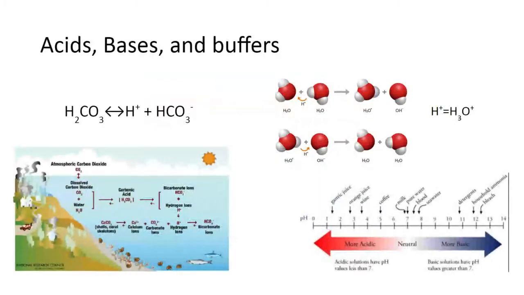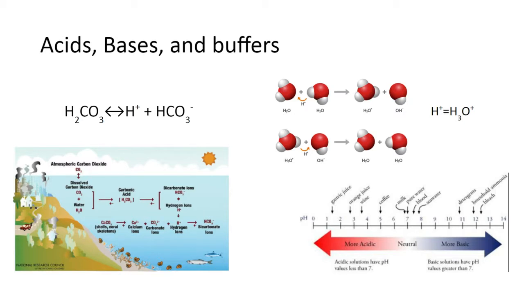So we have acids, bases, and buffers. Acids and bases are made by combining two water molecules. It makes a hydronium, and it makes a hydroxide. An important note to know is that hydronium and hydrogen are the same thing. So these can be used interchangeably.